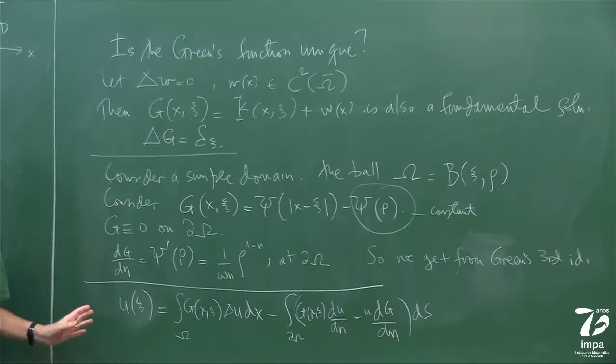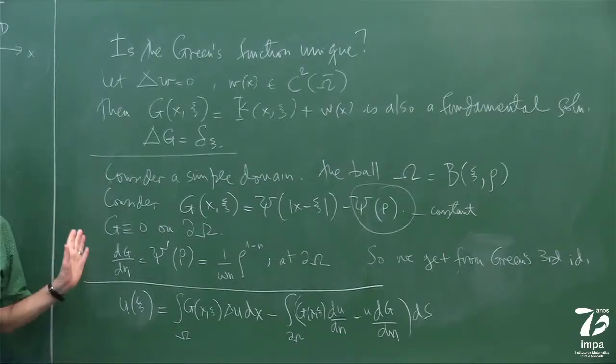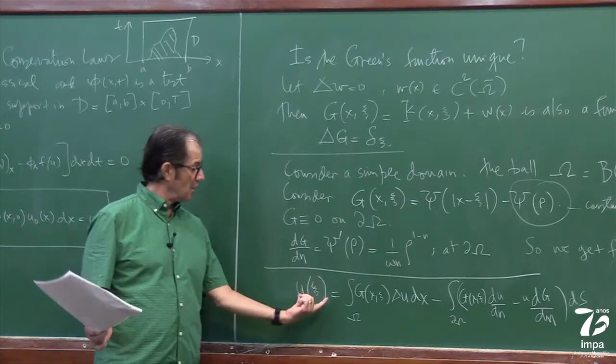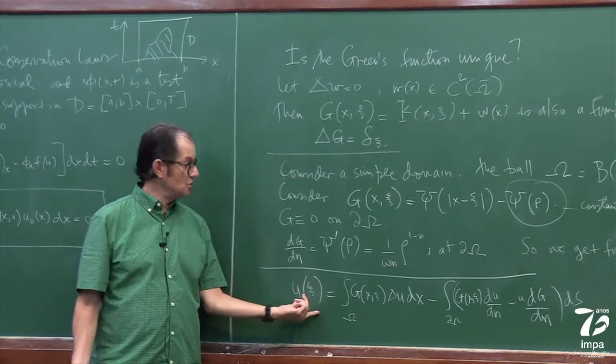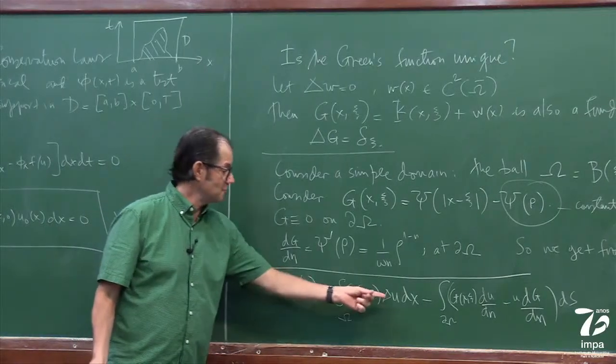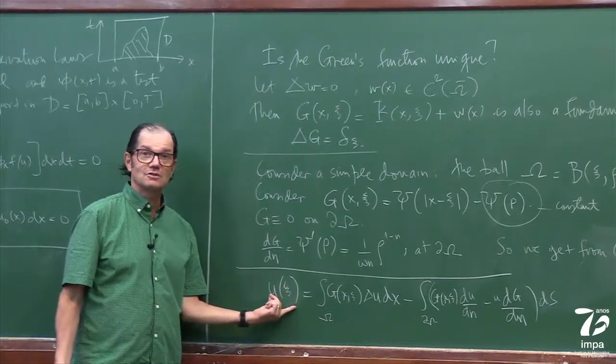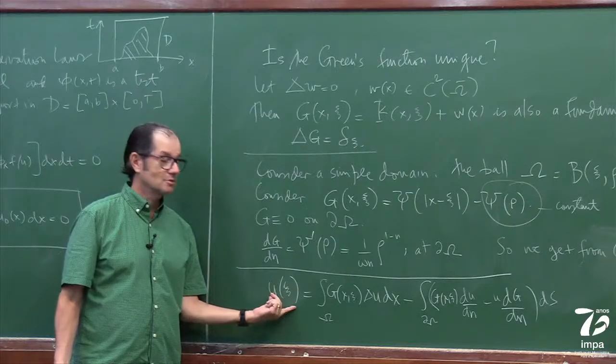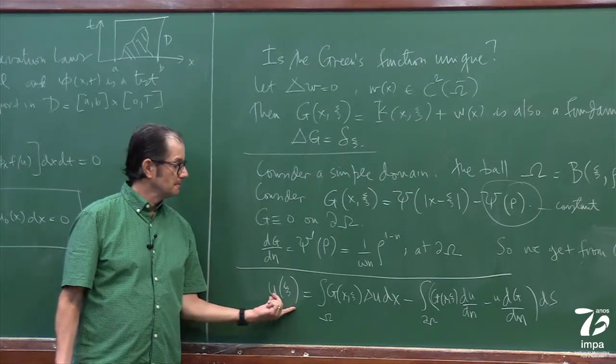So what did I do here? Let's remind ourselves. This is just Green's third identity, where I've used already here that the Laplacian of g is the delta function, right, from the integration by parts. Okay?